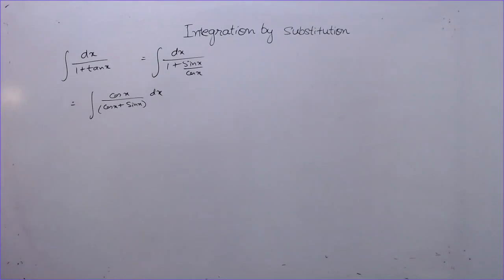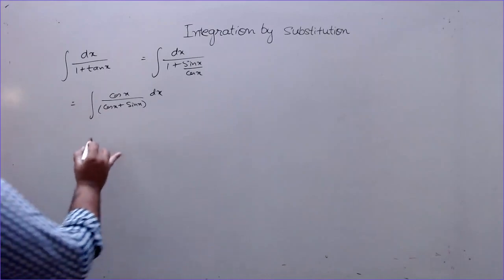So if I substitute the term in denominator, cos x plus sin x is equal to t or y, then its derivative will be cos x minus sin x. So I should try to obtain cos x minus sin x in the numerator. So how do we get cos x minus sin x?